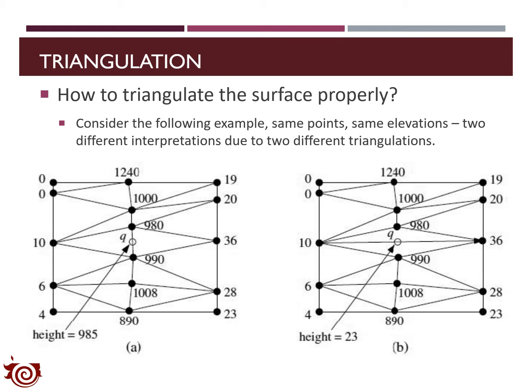We can take a look at one example in this page to see why the triangulation is so important. The two figures in this page come from the same data set. We have a set of random points and we measured the elevation of each one.